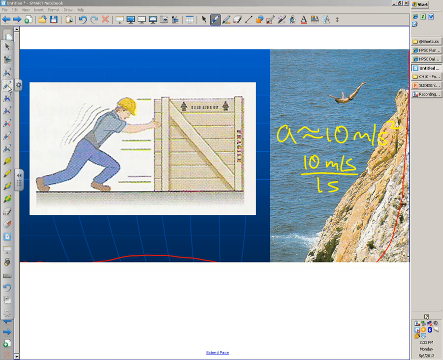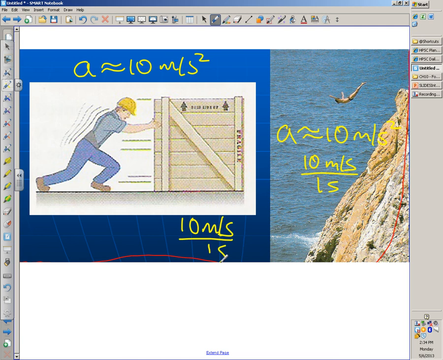But he also can cause an acceleration of 10 meters per second squared, meaning he's going to cause this box to change in velocity by 10 meters per second for every 1 second that goes by. What I want you to understand is that there is no difference in the effect of a field force versus a contact force.